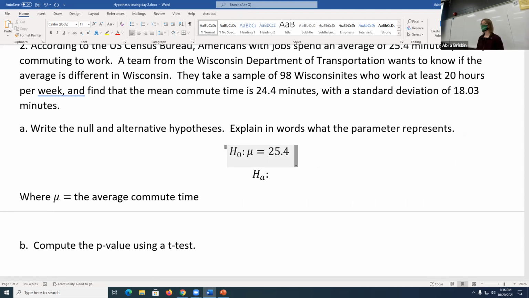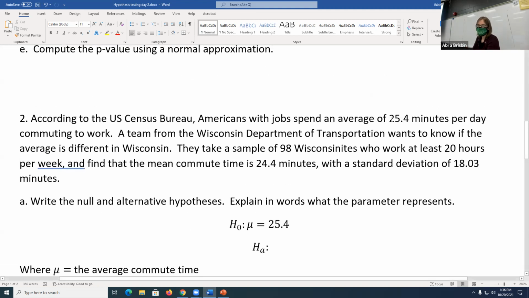Well, the null hypothesis would be among everyone. Everyone in the US? Yeah. So we originally got this 25.4 minutes per day figure from everyone in the US. But the sample was taken from Wisconsinites who work at least 20 hours per week.